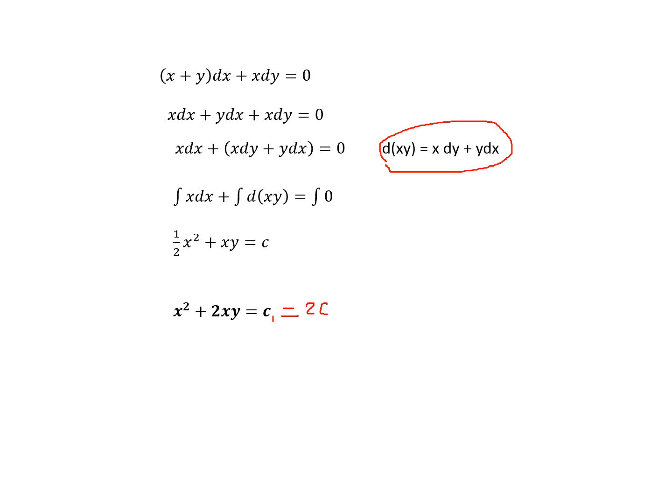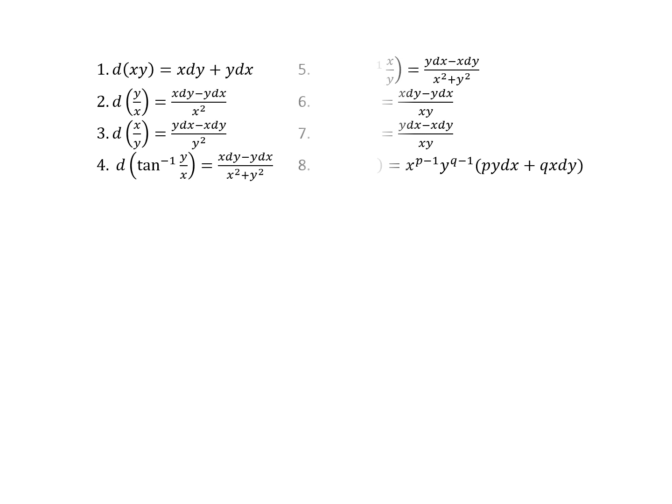Now, these are some of the special differentials, some exact differentials that we can take advantage of. The first one is the derivative of xy is x dy + y dx. The second one is the derivative of y/x equals (x dy - y dx)/x².